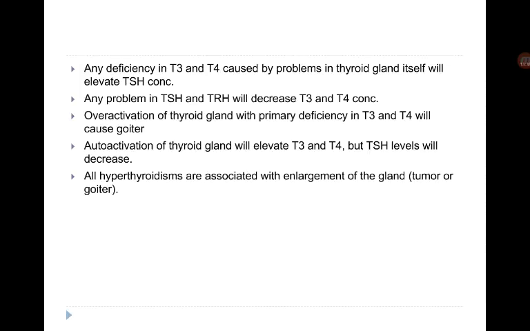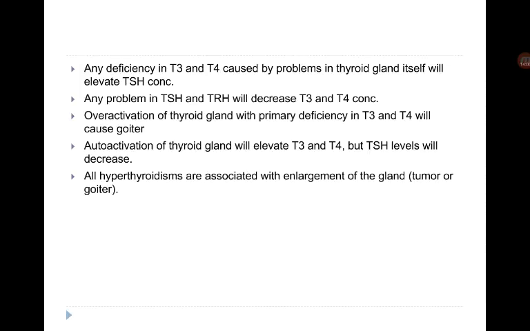Now, autoactivation, like in Graves' disease. Graves' disease is simply certain immunoglobulins that bind to the receptors of TSH, so it's going to stimulate the activity of the thyroid gland without the need of TSH hormone itself.